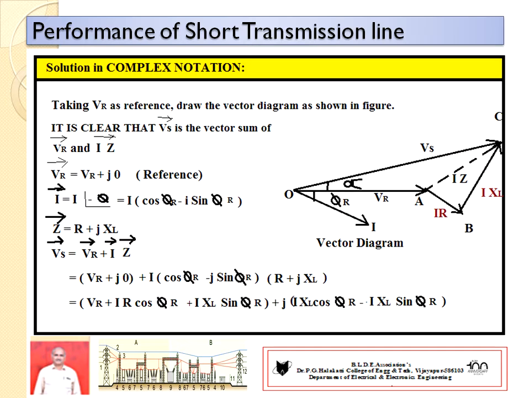Then the current vector I lags Vr by an angle phi r, so it may be written as I into cos phi r minus j sin phi r.